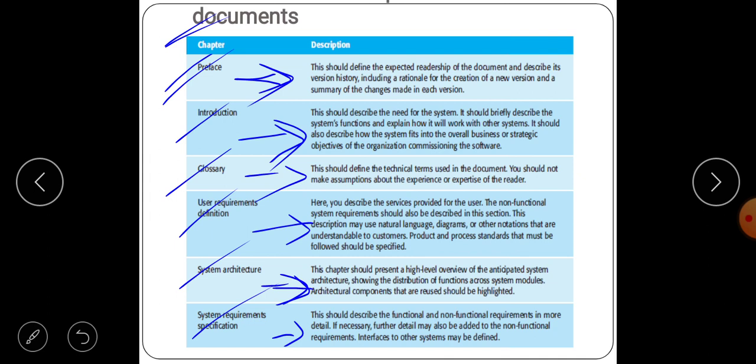In detail again we are going to describe the functional and non-functional requirements. Okay, if necessary, further detail may be added to the non-functional requirements. It means if needed, more further detail of the non-functional requirements can also be added.